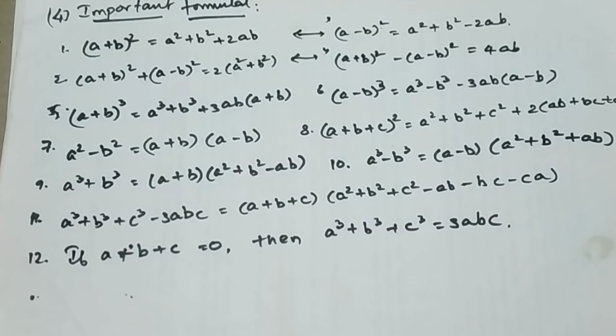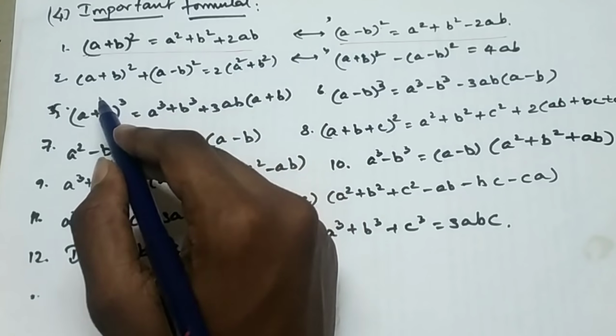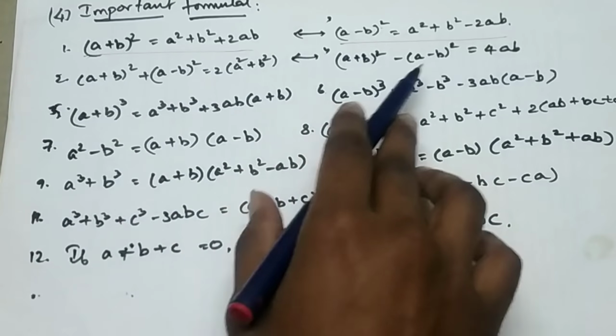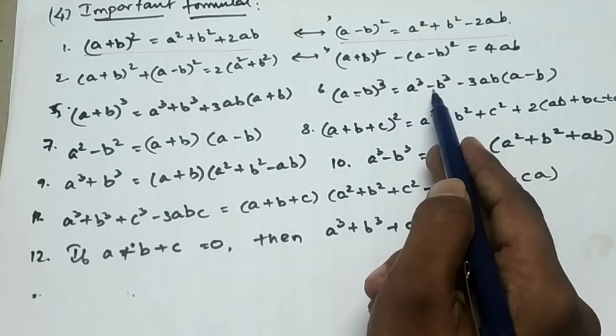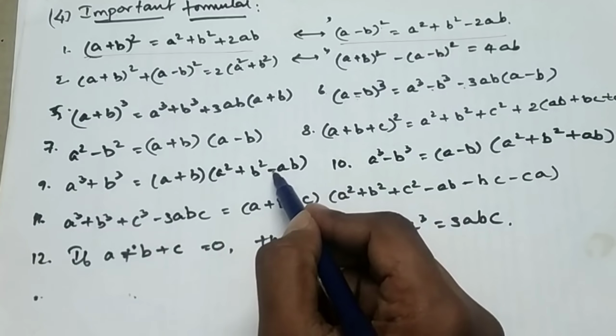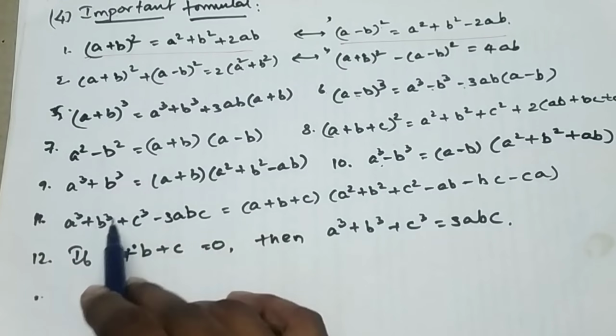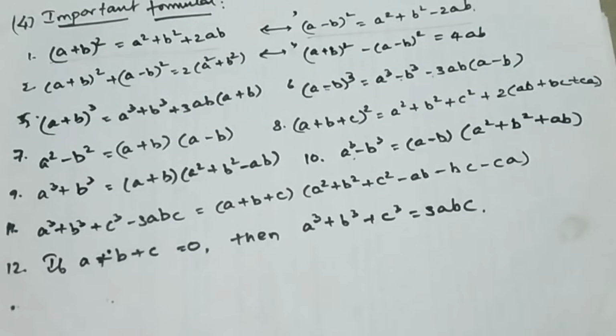Also let us see where the negative and positive signs are. Do not confuse them. In (a − b)³ there will be negative and positive signs. Just try to learn these by heart, because these are basic formulas that are really important to memorize.